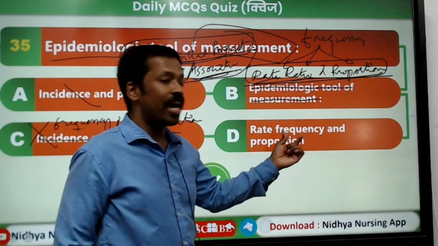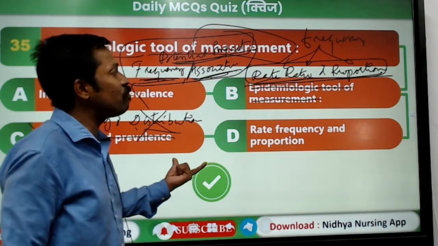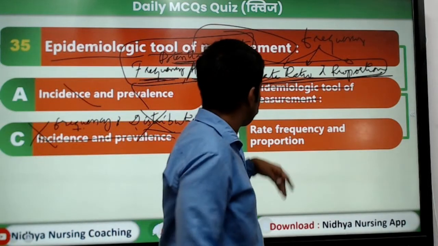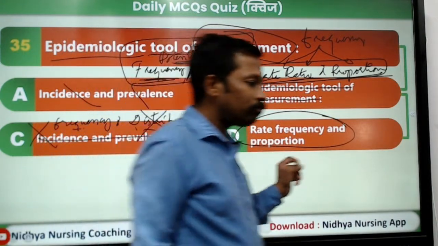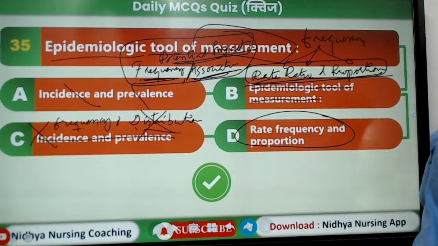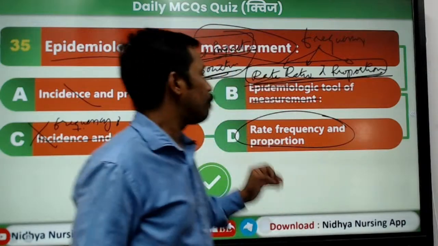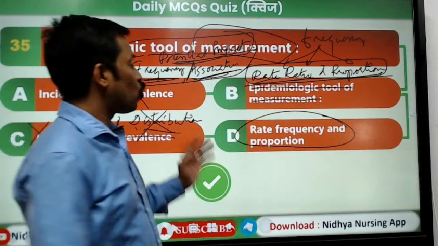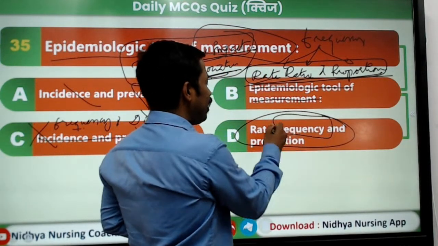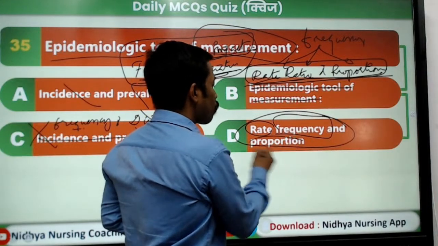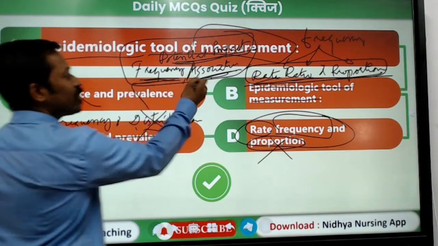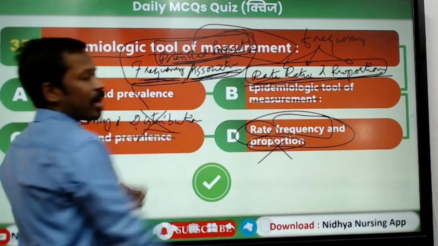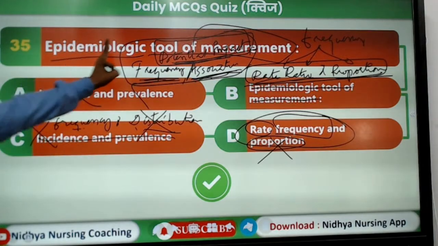Rate, frequency and proportion. Already it is here, right? So which is the one more option? Sorry, rate, ratio and proportion. So frequency itself means rate and ratio. We can see frequency, association, potential impact. These three things are the epidemiological tools of measurement.